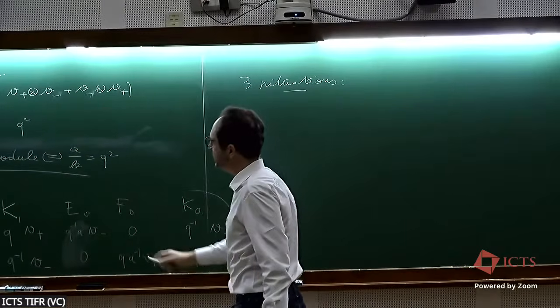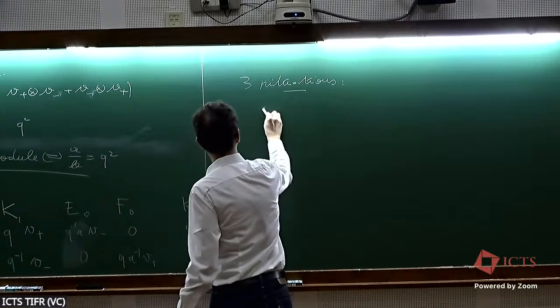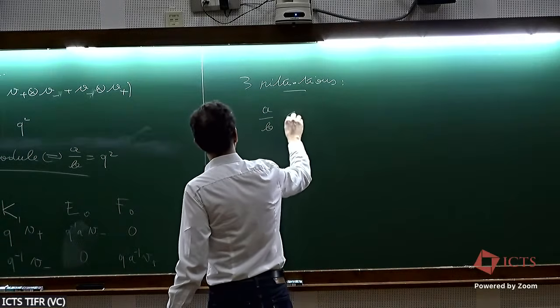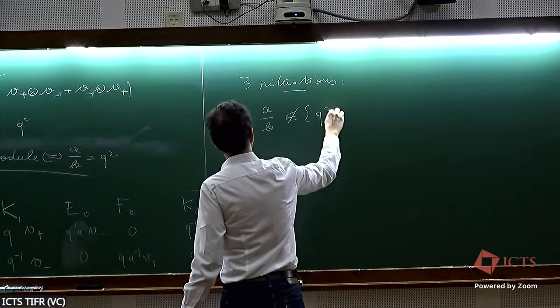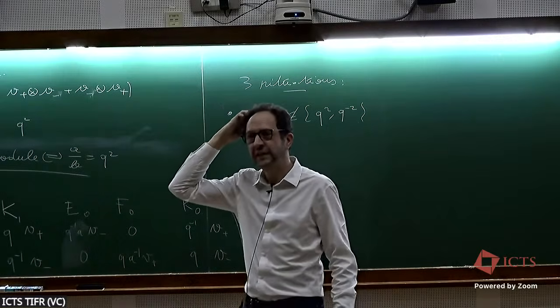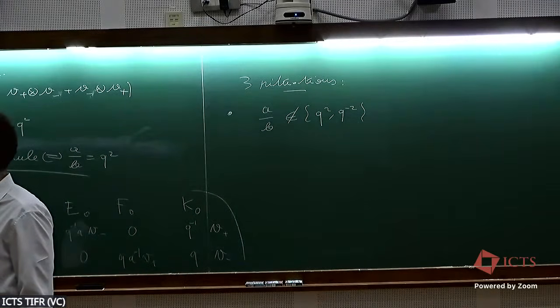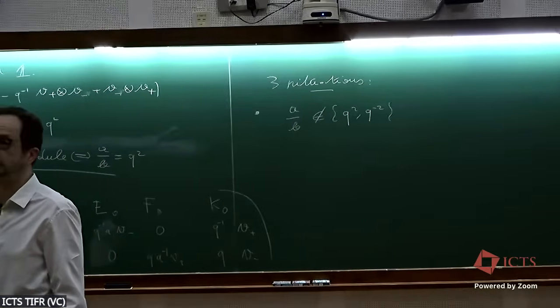The first one is when none of these conditions are satisfied. This is called the generic situation. In this case, the two candidates for being a submodule are not submodules, and so the tensor product is irreducible.